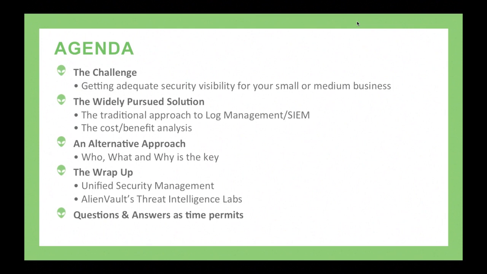And then we'll wrap it up with a little overview of the Alien Vault solution, and I'll show you some actual capabilities within the product, or some illustrations of those capabilities, so that you can get a sense of how the system is going to help you solve some of these problems and actually see it work. And then we can address some Q&A afterwards.